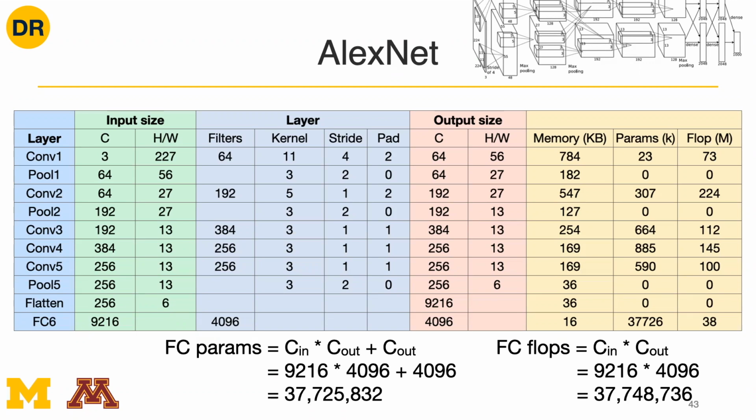Okay. So again, it's good practice to go over this, especially given AlexNet is only using 8 layers, to understand the nuts and bolts of what the memory is, what the parameters are, and how many flops we are talking about.